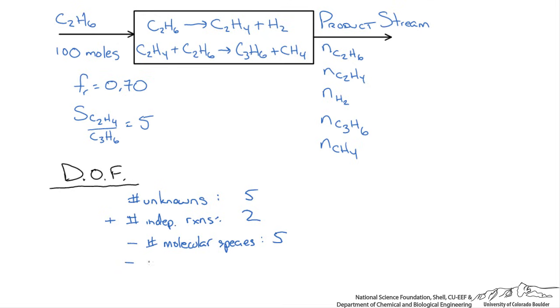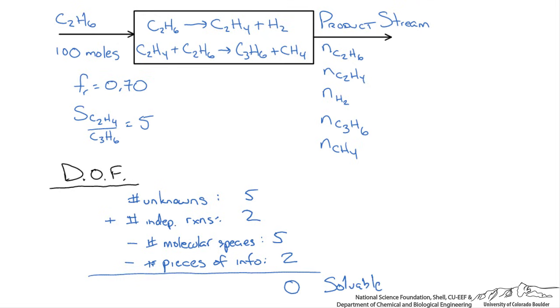And we subtract out any other pieces of information that could help us solve our problem, and we have selectivity and fractional conversion. When we add the first 2 up, subtract the bottom 2, we have a degree of freedom analysis that gives us 0, which means that it is solvable, as is. So we've written all our unknowns and our knowns, and we can move on.